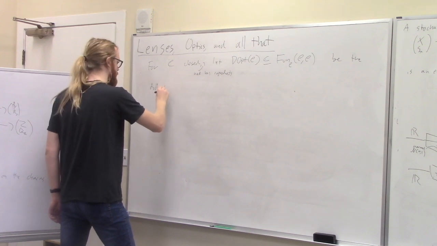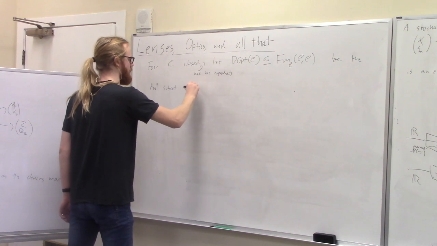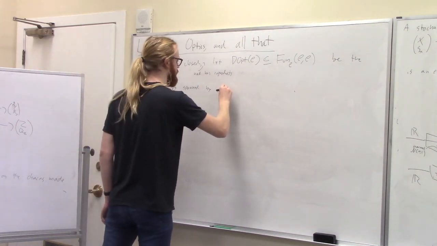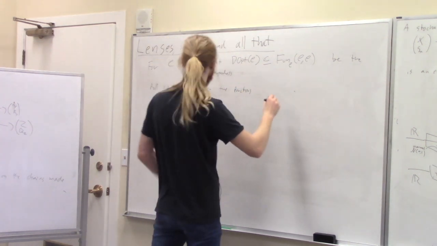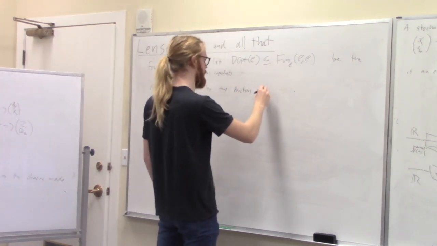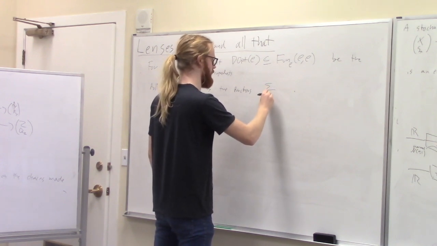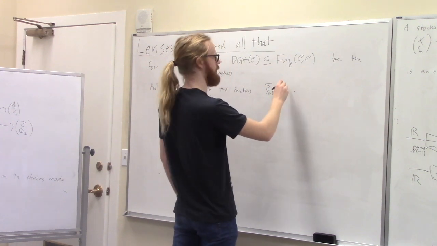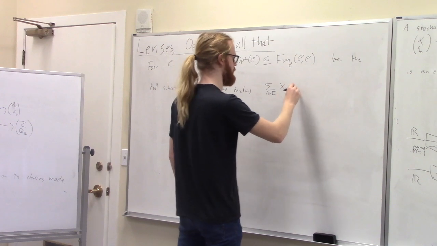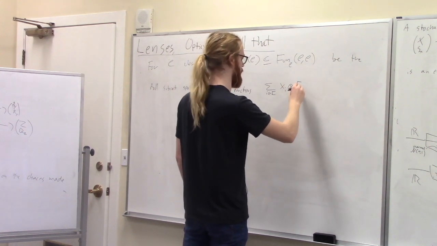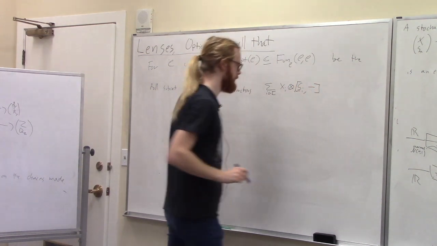Take the full subcategory spanned by the functors of the form, say, for some I in I, Xi tensor internal hom Si dash.